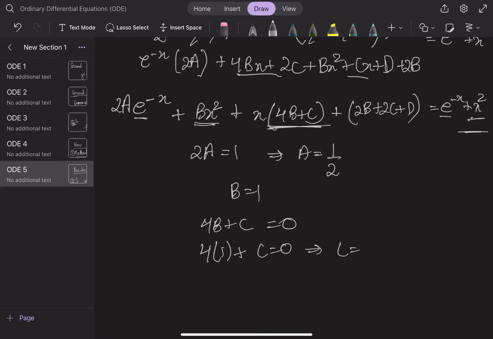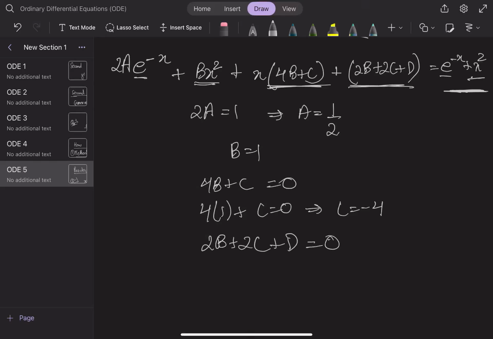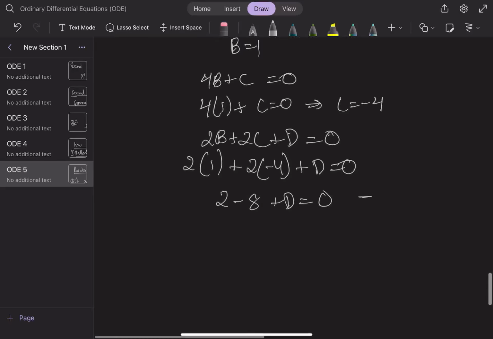That means c is minus 4. And again the constant term on the RHS is 0 and over here it is this. So 2b plus 2c plus d is equal to 0. So 2 times 1 plus 2 times minus 4 plus d is equal to 0. 2 minus 8 plus d is equal to 0. That means d is equal to 6.